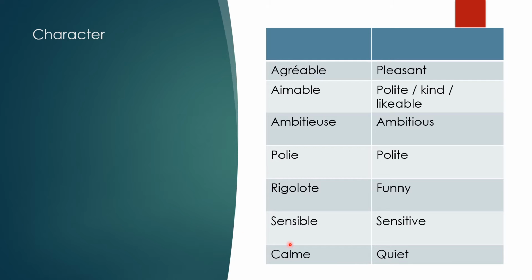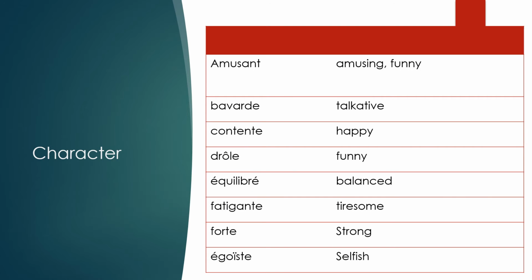Then sensible, sensitive, it's ending in an E, so we don't add another E. Calm, quiet, we don't add another E since our adjective is already ending in an E. Funny, amusing, amusante, all right. Talkative, bavarde. Contente, happy.